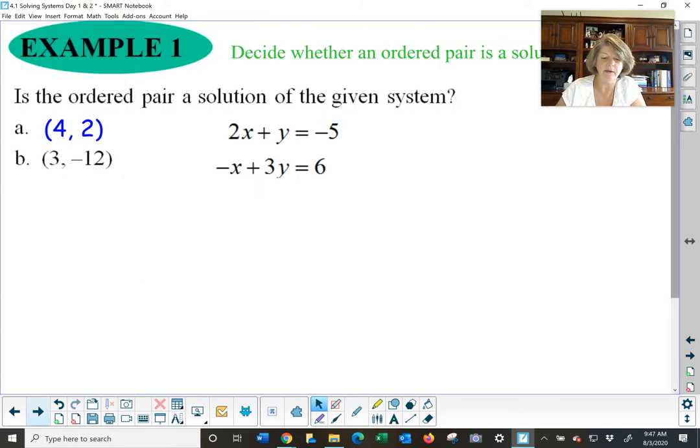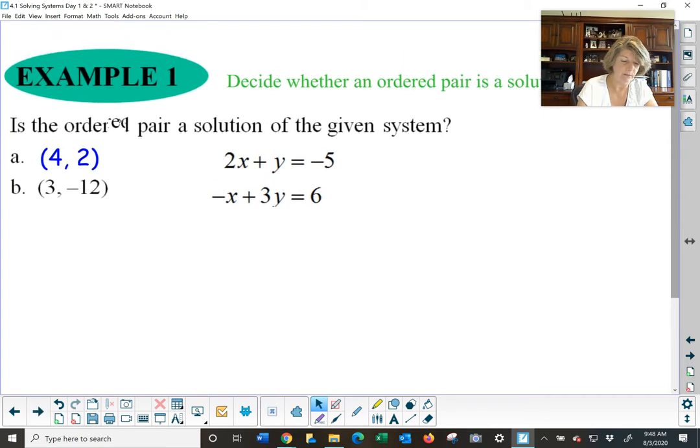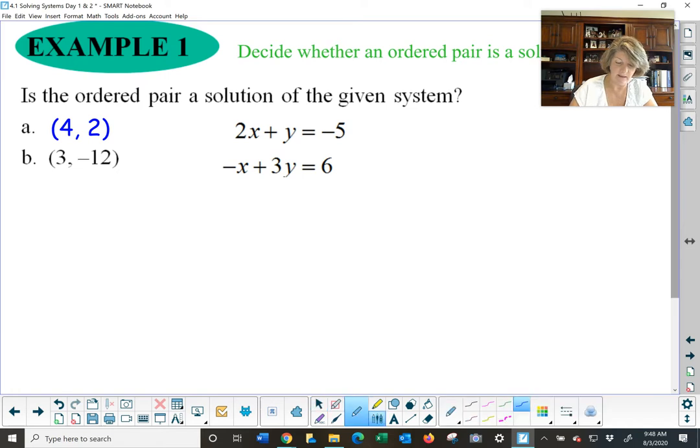Example 1, decide whether an ordered pair is a solution. They've given us two possibilities, (4, 2) and (3, -12). In order to find out if it's a solution, we're going to substitute those values in. We know the ordered pair comes in x, y configuration.